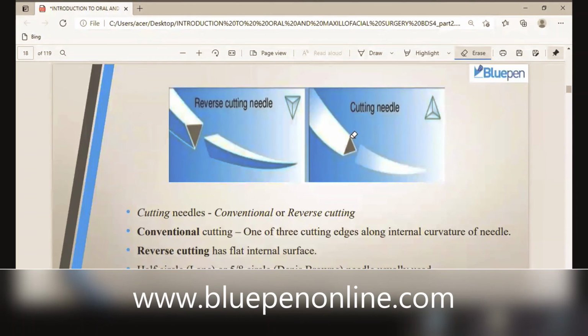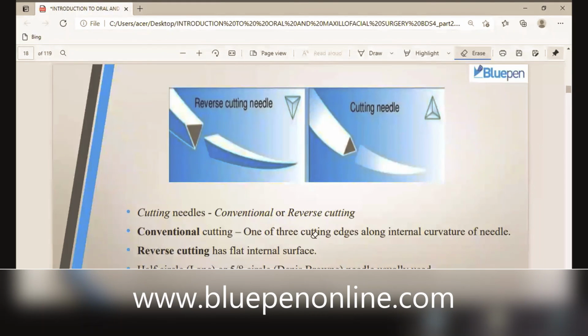Conventional cutting. Can you find any difference between these two pictures? Just have a look at these two sides. Here it is flat. Here it is pointed. Now let's read this.